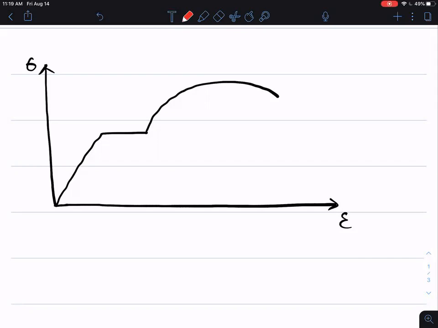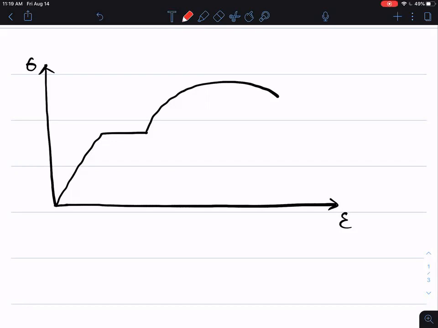When you stretch or compress it, it changes length. But when you release the force, it can go back to its original length, right? If it can recover 100%, that is elastic deformation. If something couldn't go back to its shape after you apply the force, that is permanent deformation, or plastic deformation.